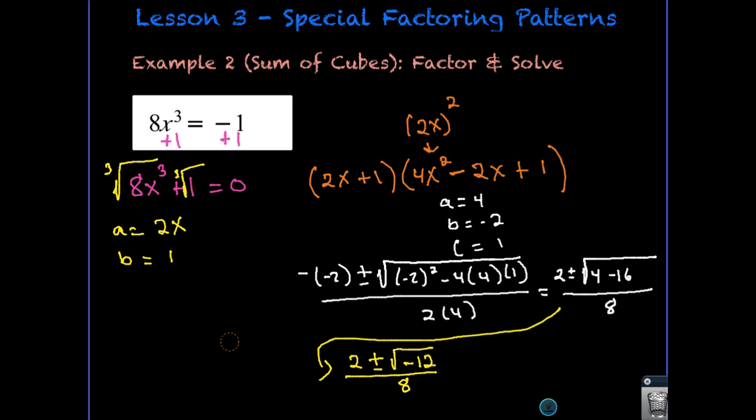It'll be easier for us if we just take the negative out right away. So we know this is going to be 2 plus or minus i times the square root of 12 all over 8. Now we can simplify the 12.